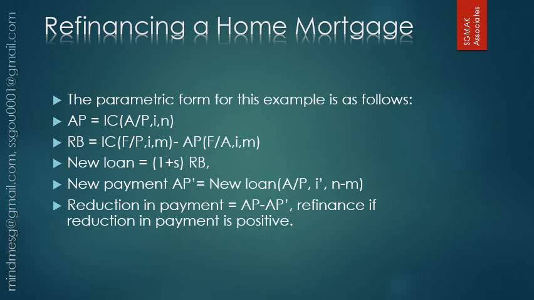So one can develop a calculator based on this parametric form. The variation, as I mentioned before, is in the parameter S. It's most often expressed as a percentage of the remaining balance, or it could be a flat fee.